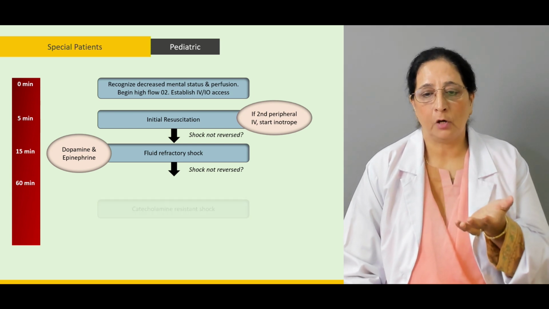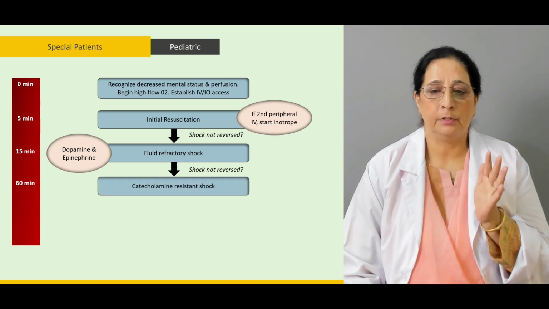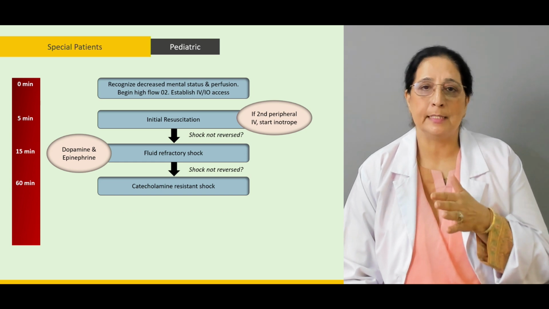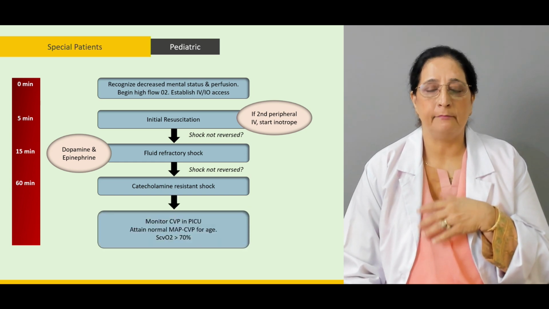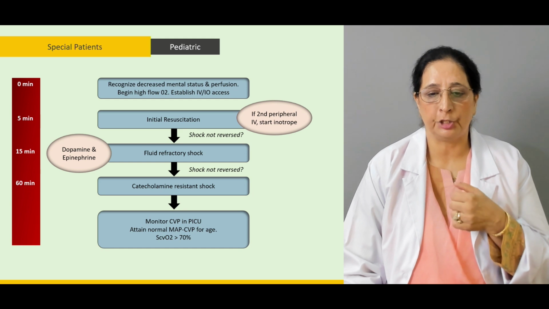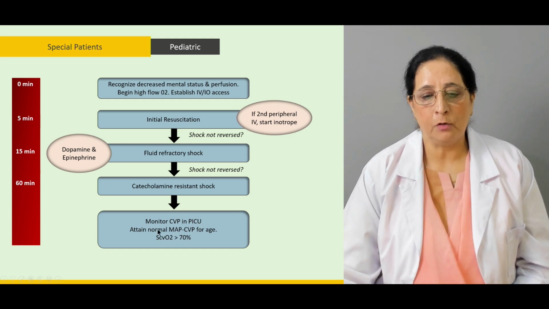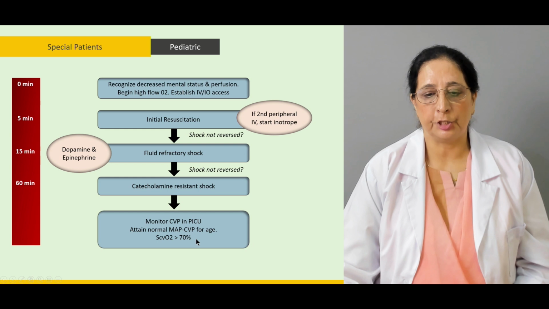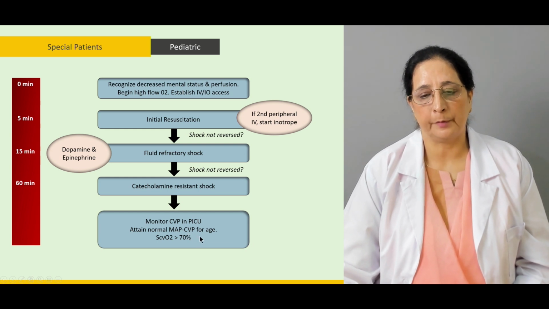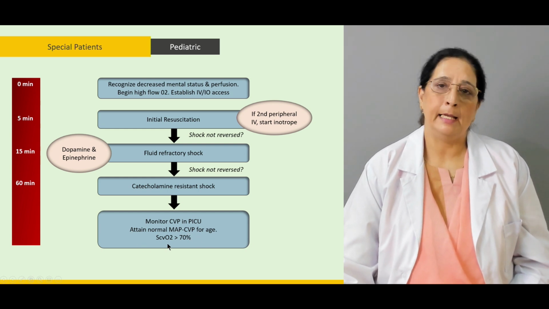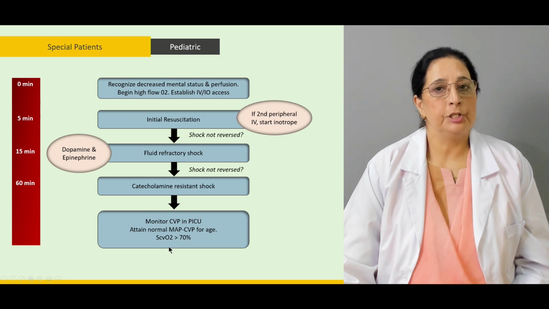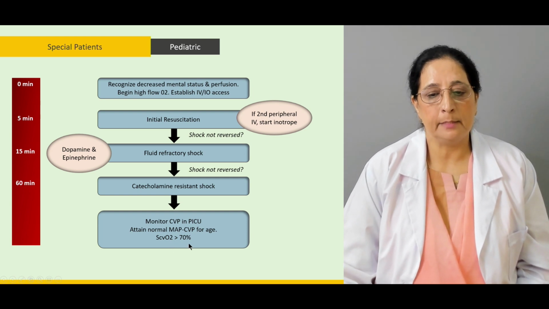Again, if the shock is not reversed and catecholamine resistant shock is present, then we monitor the venous pressure and attain normal mean arterial pressure, venous pressure for age, and oxygen saturation should be more than 70%.